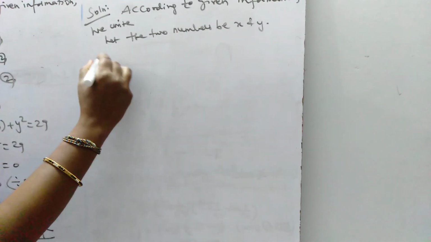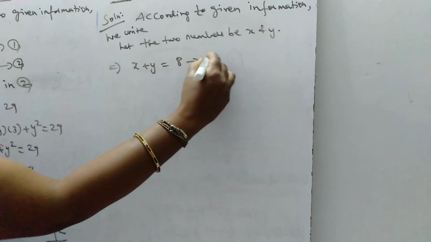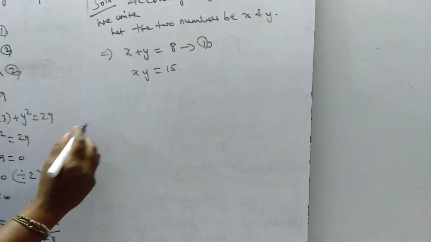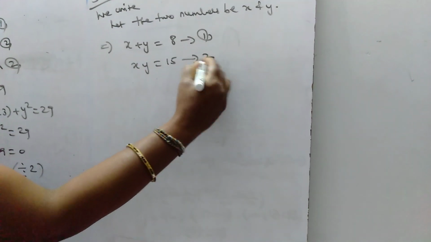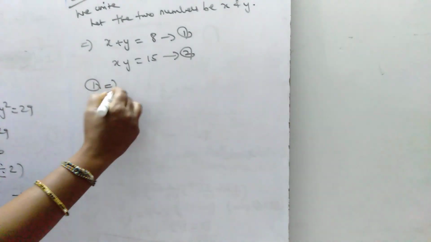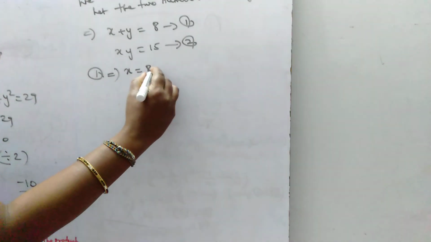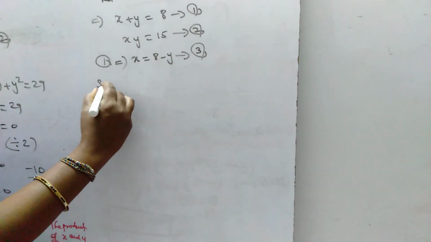Then the sum equals 8, equation 1, and the product xy equals 15, equation 2. So equation 1 implies x equals 8 minus y. We will name it as equation 3.